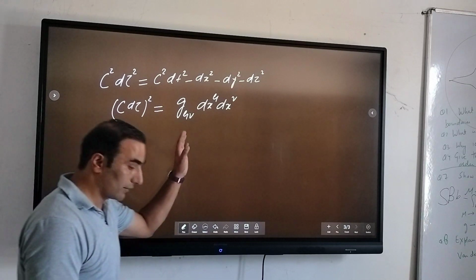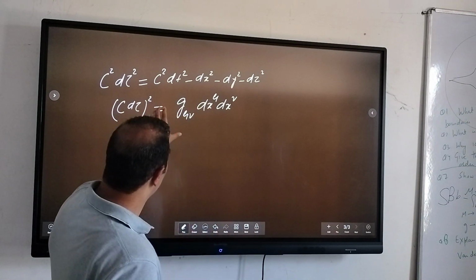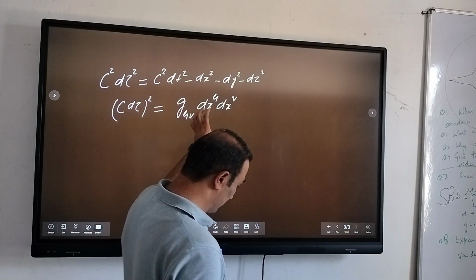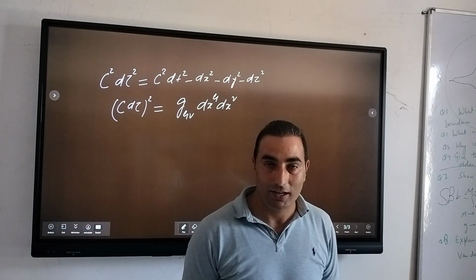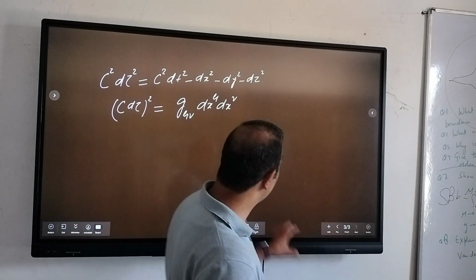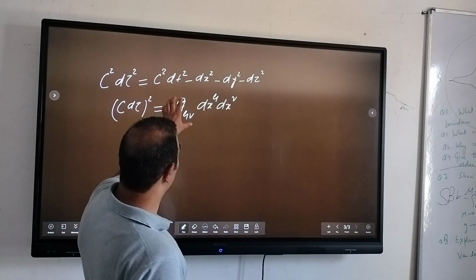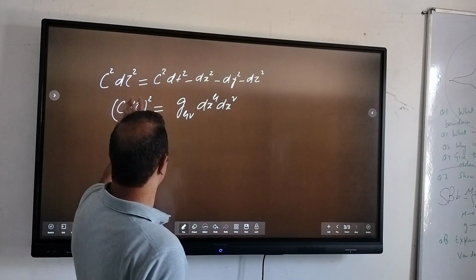So you can raise a question why I'm writing it in this way. This is again that matrix g mu nu, but it is called a Minkowski matrix because it is a 4x4 matrix, right? And if you insert this g mu nu here, it should be equal to this one.